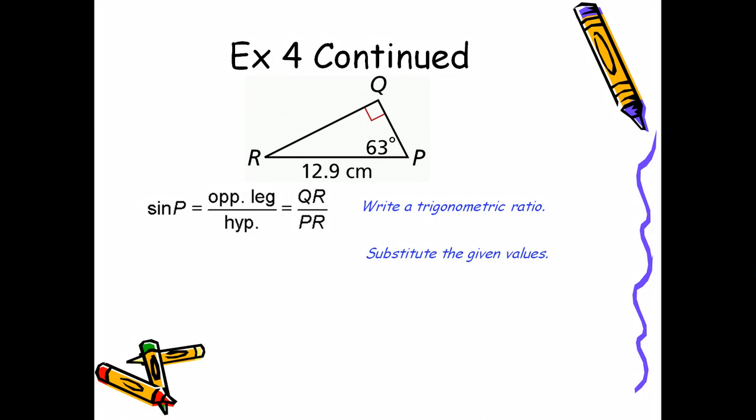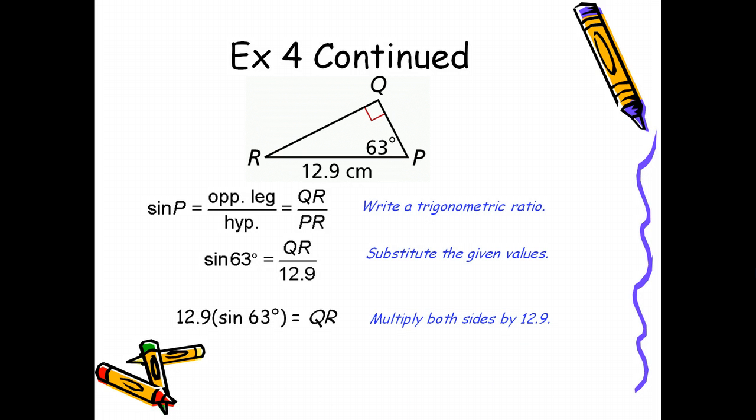Put in your values that you know. Sine of 63 degrees equals QR over 12.9. Once again, we multiply both sides times 12.9 and use the calculator. 12.9 times the sine of 63 degrees equals QR. Simplifying this, we get 11.49 centimeters.